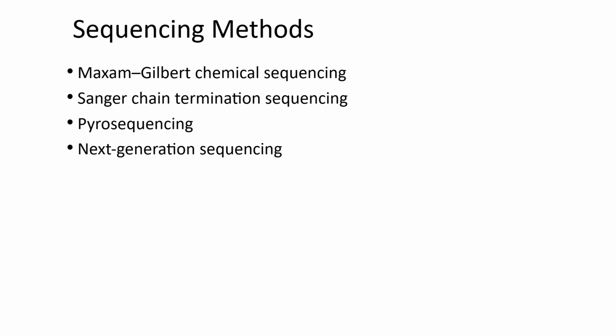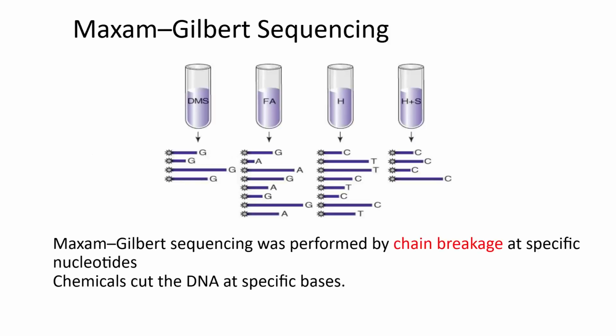So there's different types of sequencing methods that exist: the Maxam-Gilbert, Sanger chain termination, pyrosequencing, and next generation sequencing. With these different sequencing methods, the goal is to get the order of bases on a particular strand of DNA. The Maxam-Gilbert sequencing was performed by chain breakage at specific nucleotides.